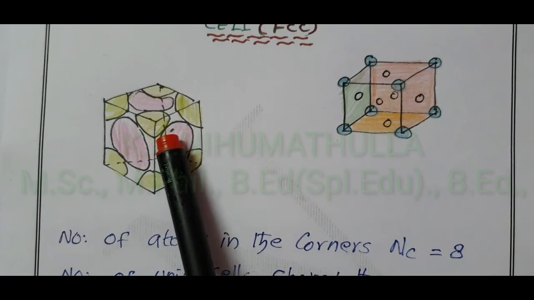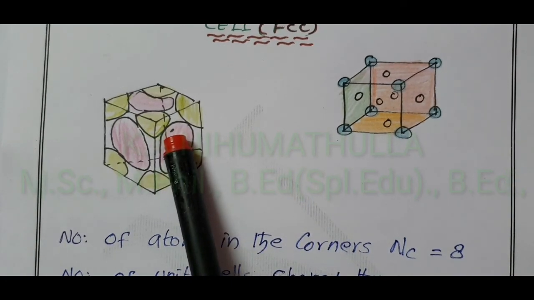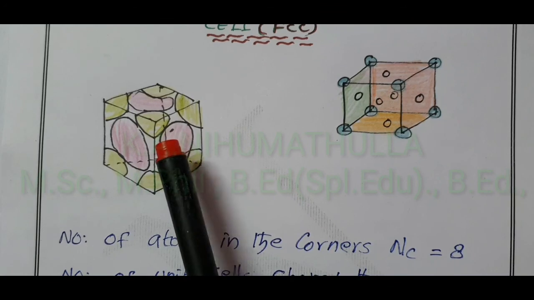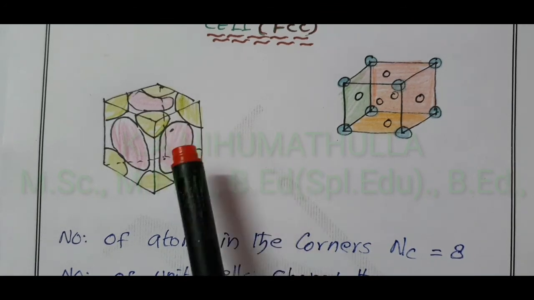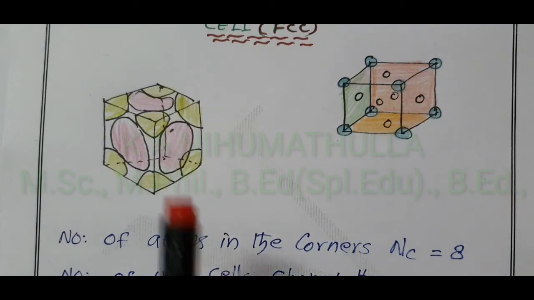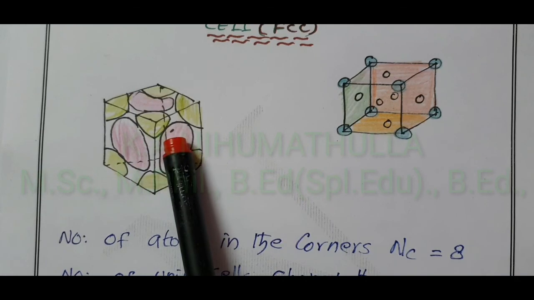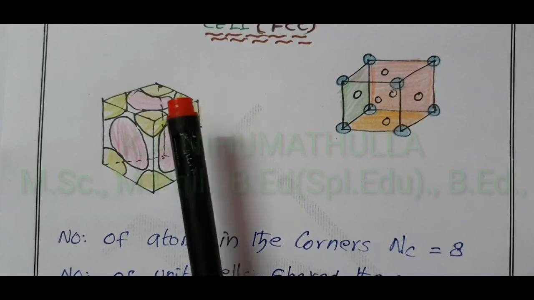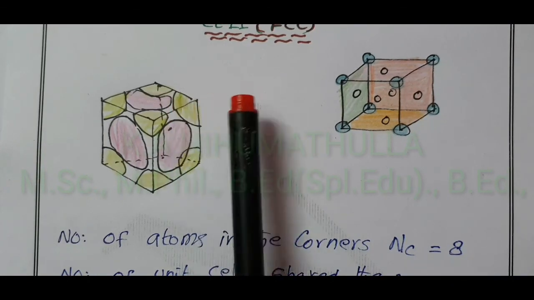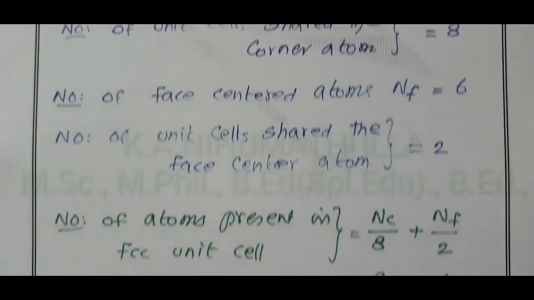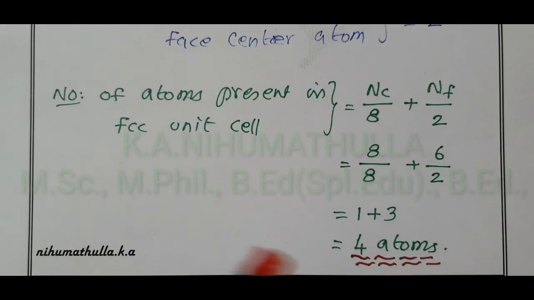The atom in the face center is shared by how many unit cells? 2 unit cells. So, each atom in the face center makes 1/2 contribution to the unit cell. Remember always, one corner atom is shared by 8 unit cells. One face centered atom is shared by 2 unit cells. So, total number of atoms in face-centered cubic is 4 atoms.